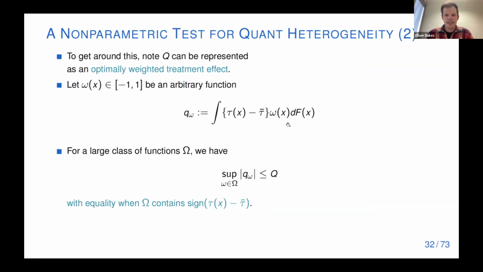So the key idea is that this little q omega is a type of quantity that we can easily do semi-parametric inference on. And then the supremum over all weights within the class will be upper bounded by the quantity we're interested in. So if we find large values of this quantity, this gives us evidence against the null of no quantitative heterogeneity. To detect heterogeneity, it suffices to show that this supremum over the class of weights is bounded away from 0.